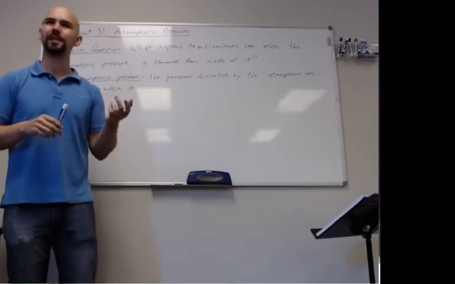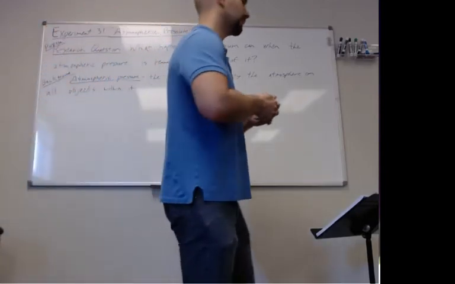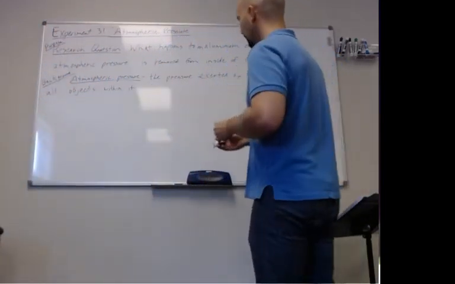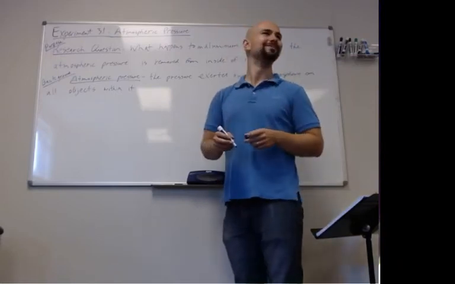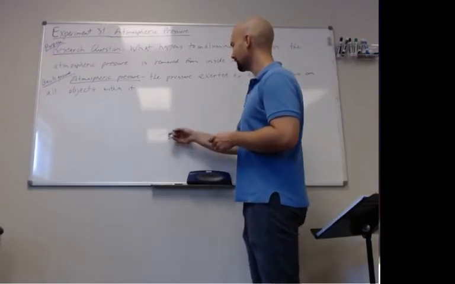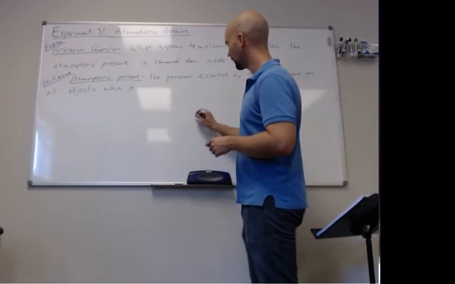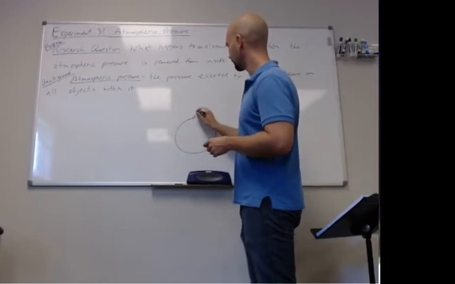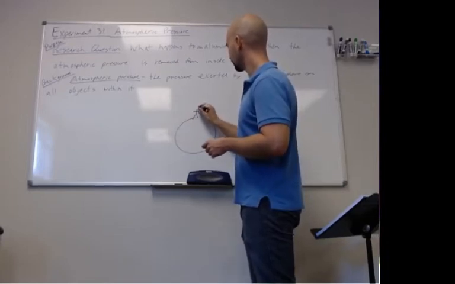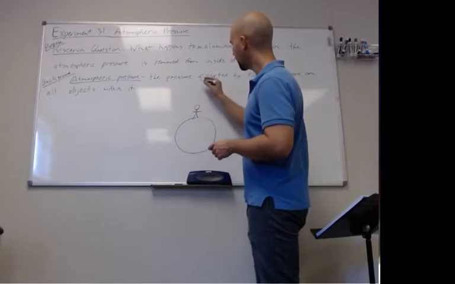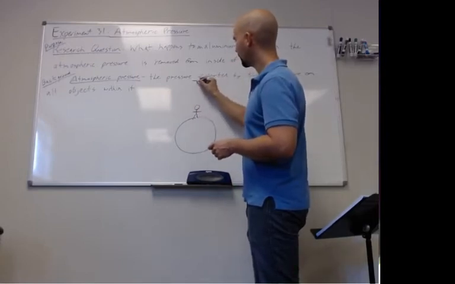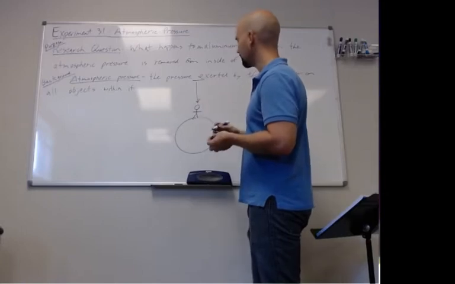And you might be thinking, well, wait a second, air is really light, so how is it exerting pressure? The atmosphere is very tall. It actually goes on for miles. So here you are on the Earth, and then you have miles of air on top of you.